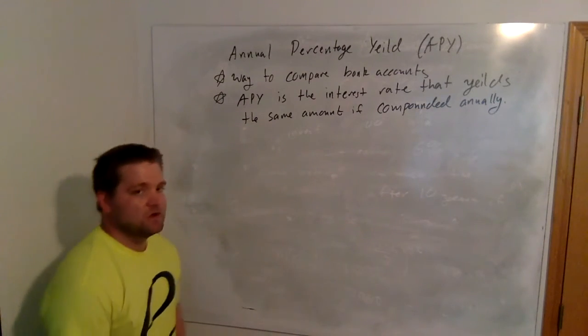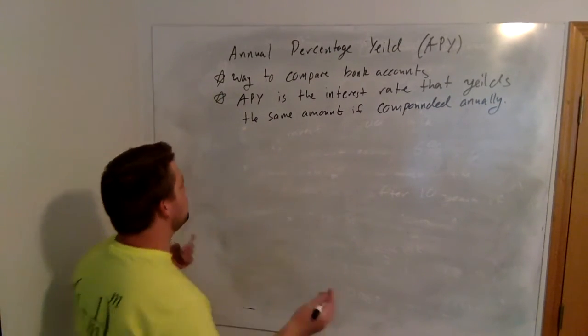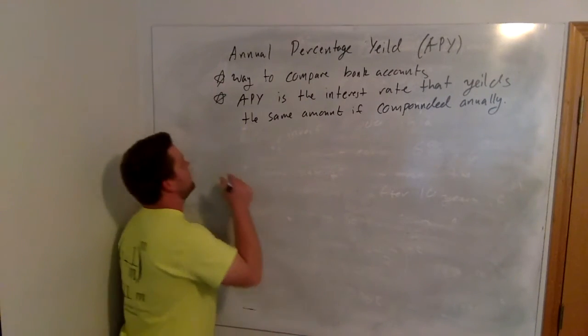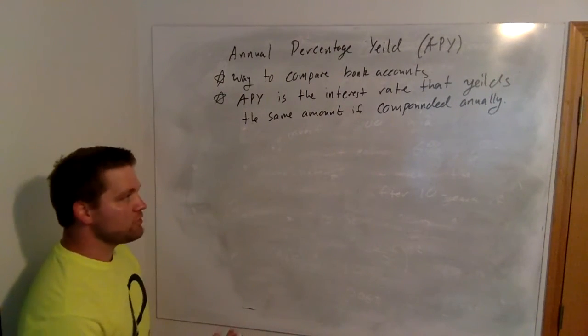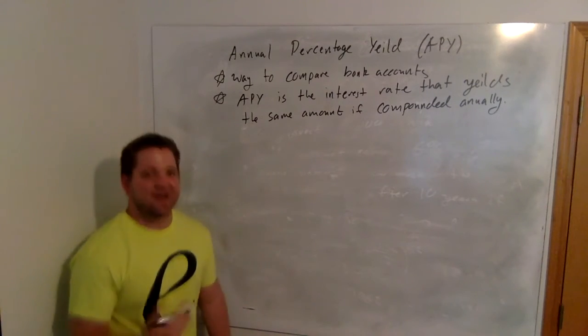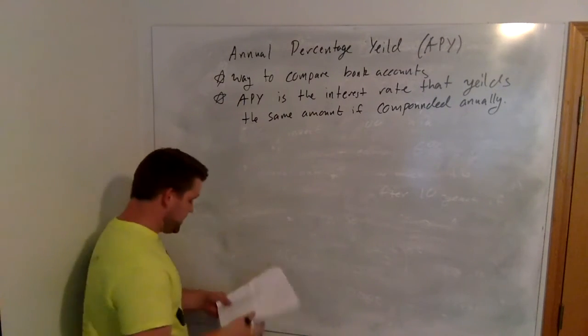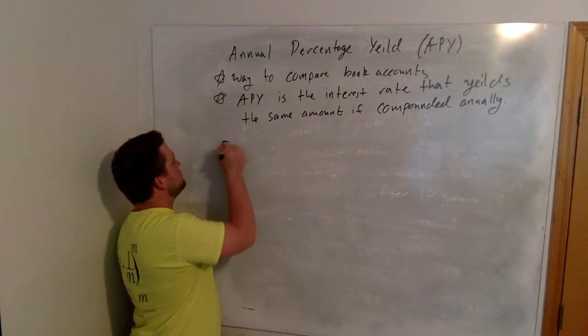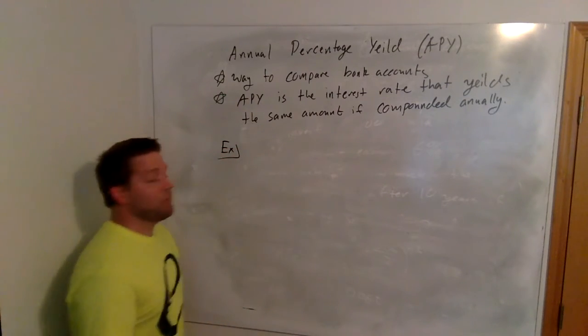So that's what it is. Let me just do an example about how to think about this. There's a formula for this, but for whatever reason, I just prefer to think my way through it. So for an example, let's compare a couple of different bank accounts, and we're going to decide which one's the best.